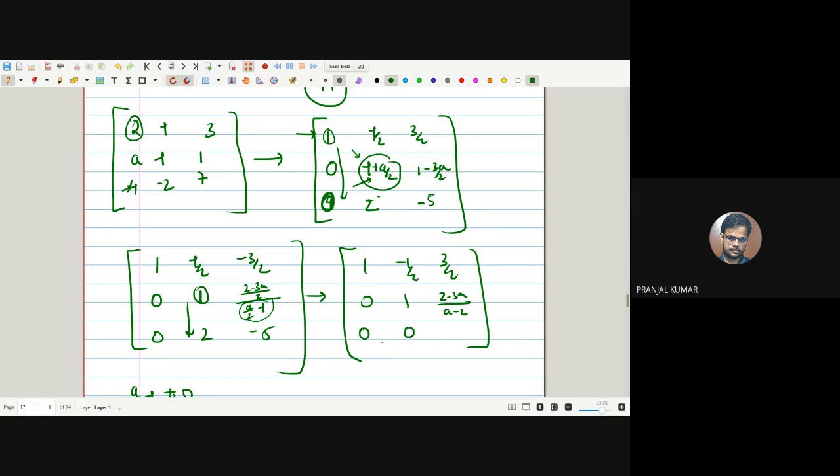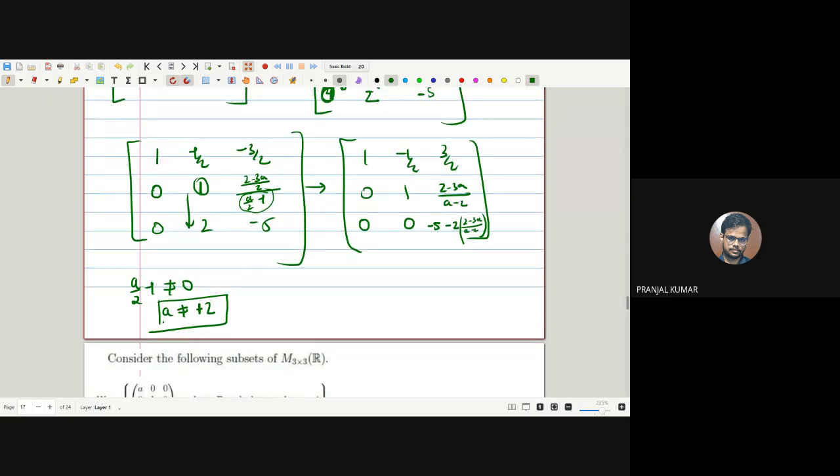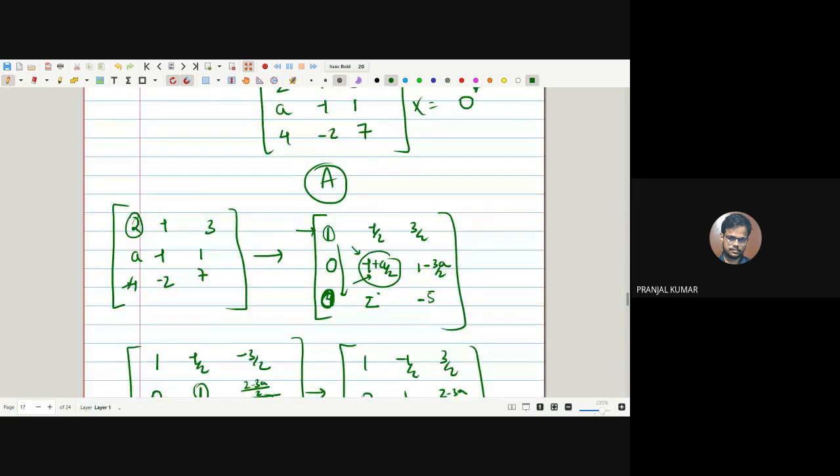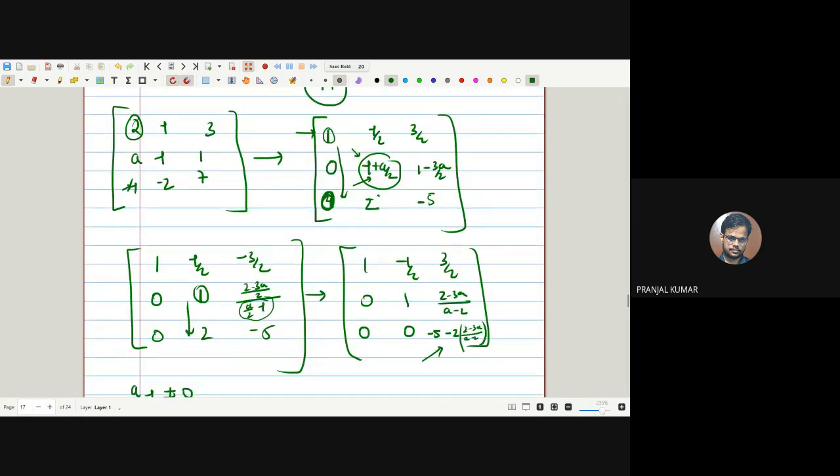Now I have subtracted 2 times of row 2 from row 3. So minus 5 times of minus 2 times, right? 2 times of this value, 2 minus 3a upon a minus 2. Okay. Is this clear? Now you can stop here.